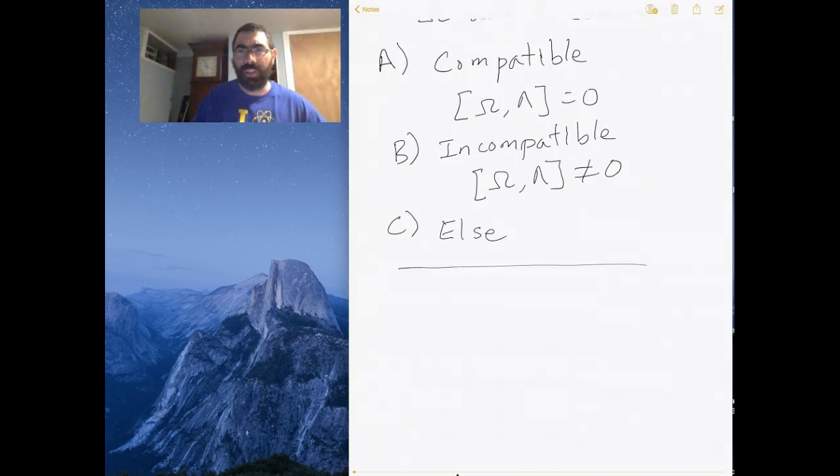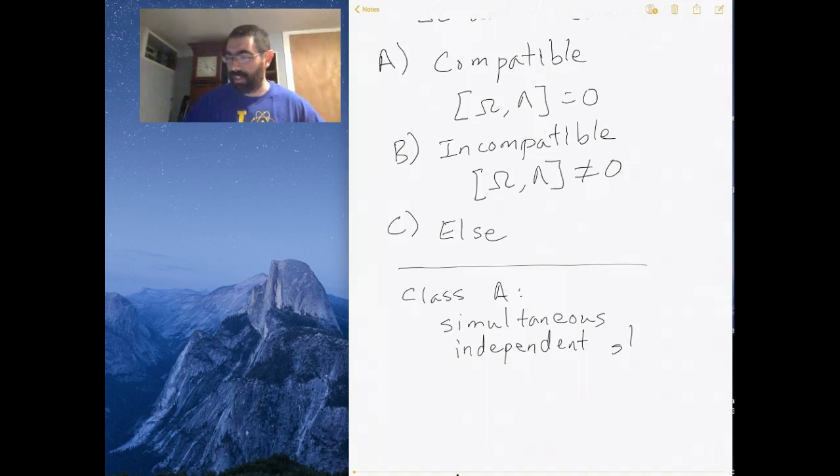So we have classes, where class A says that we can have simultaneous and basically independent states, eigenvectors.